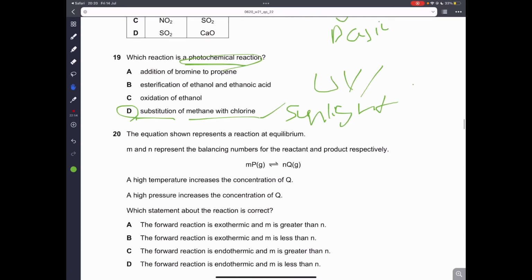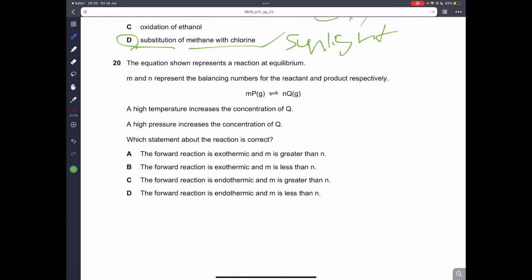Question 20, the equation shows a reaction at equilibrium. M and N represent the balancing numbers for the reactant and product respectively. A high temperature increases the concentration of Q. Okay. And a high pressure increases the concentration of Q. Which statement about the reaction is correct?